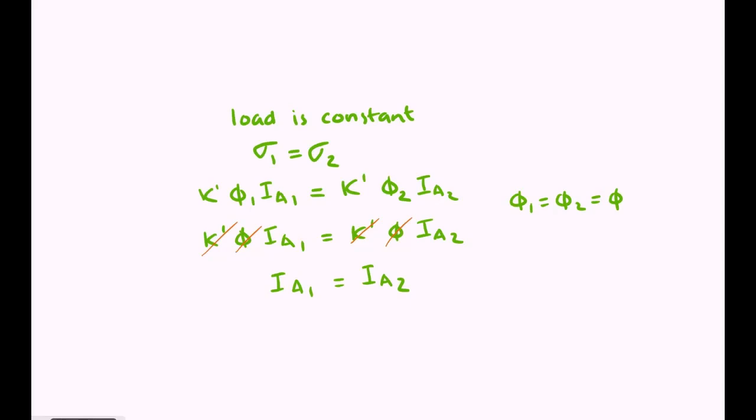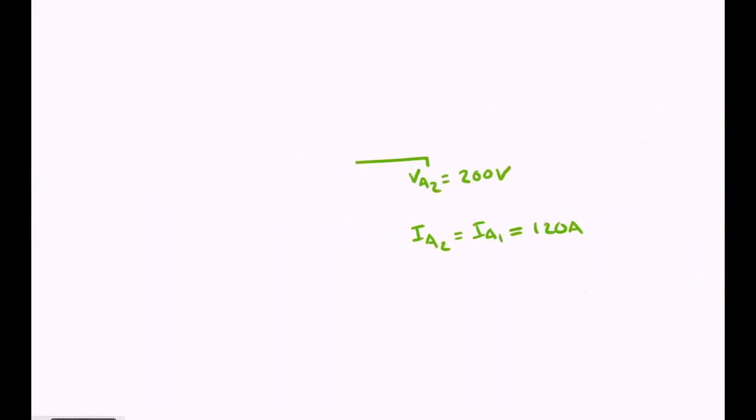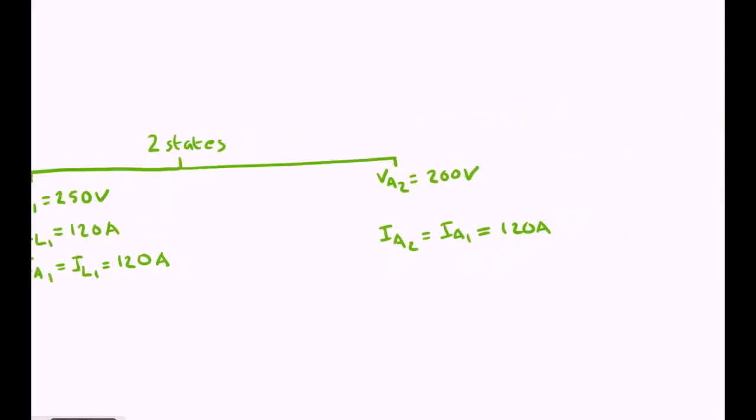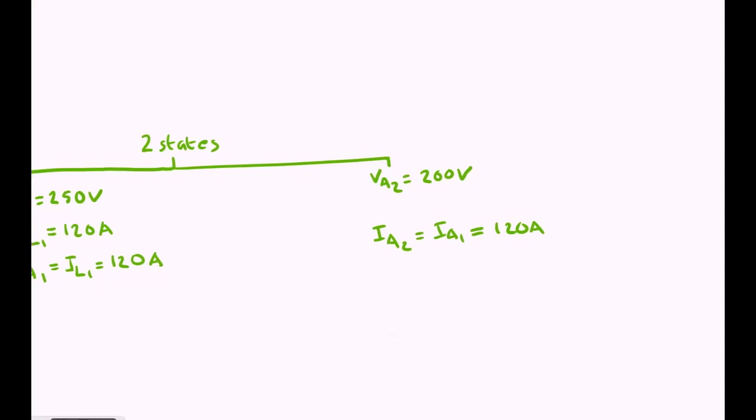So there is no change in the armature current, and therefore IA2 is equal to IA1, which is equal to 120 amps.